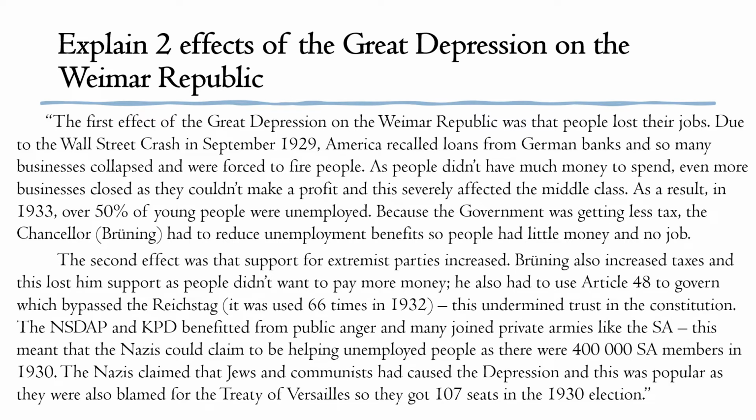This meant that the Nazis could claim to be helping unemployed people, as there were 400,000 SA members in 1930. The Nazis claimed that Jews and communists had caused the depression, and this was popular, as they were also blamed for the Treaty of Versailles, so the Nazis got 107 seats in the 1930 election.